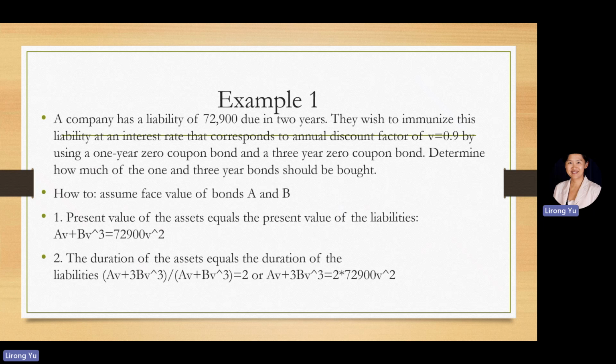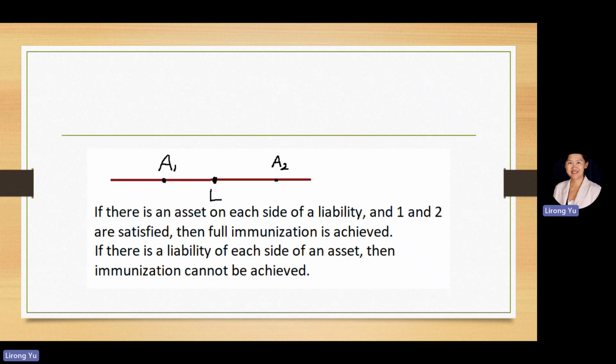Now we are able to achieve full immunization. But if we have the asset A in the middle and liabilities L1 and L2 on either side, then we cannot have full immunization. That cannot be done, or we can say there is no solution to it.